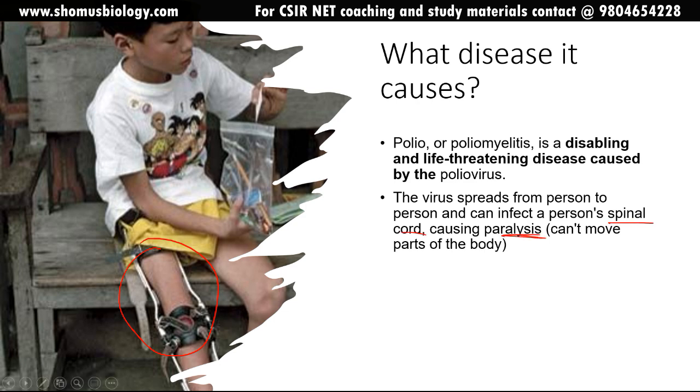So basically poliovirus causes paralysis of specific organs of the body, particularly your limbs and legs and other body parts, and that causes a really big problem, because if paralysis happens to the internal organs and blocks respiration and other functions, then it will kill a person.